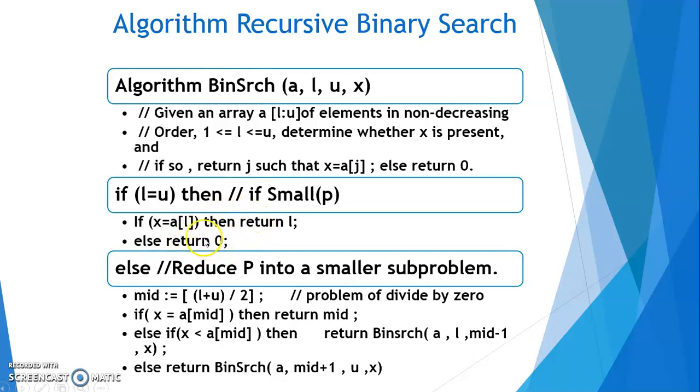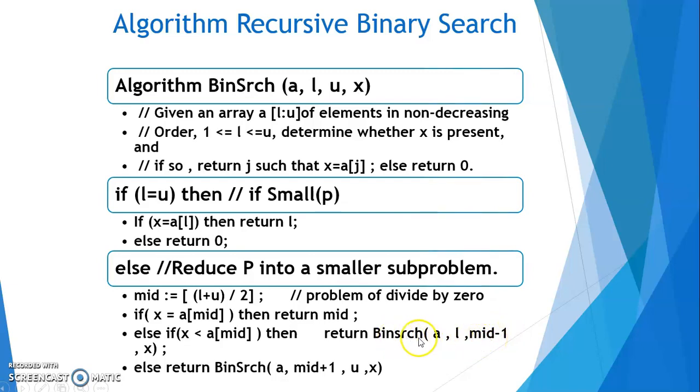Now if this is not the case, L is not equal to U and there are more elements in the list, then we will split the list: we calculate mid as (L plus U) divided by 2. Now if X is equal to A of mid, we say mid is the location where the item is found. Otherwise, if the item to be found is less than A of mid, then we look in the lower part of the array, from lower bound till mid - 1.